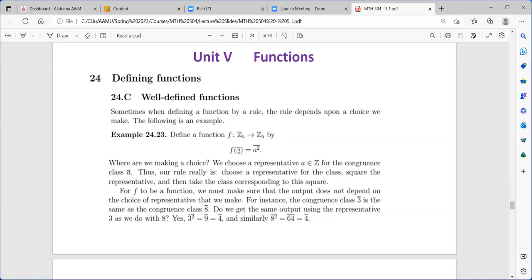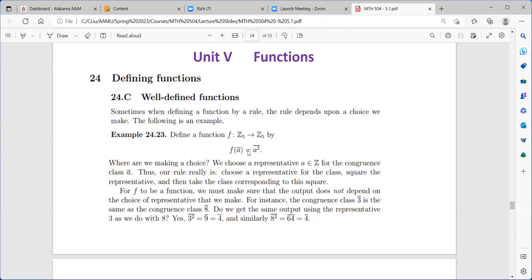So a bar means a class of numbers with the same remainder as a when you divide the number by 5. And we map it into a square bar, another class defined by a square.